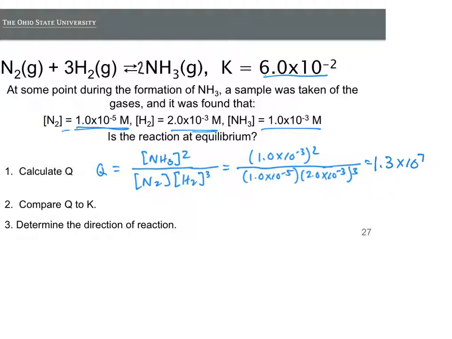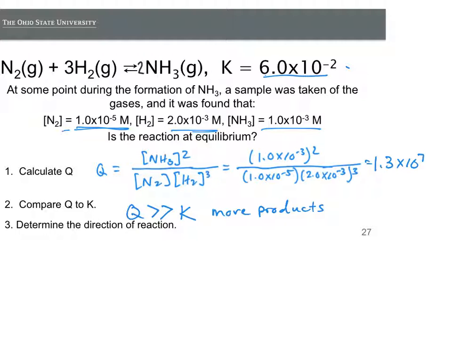Okay. So now our next step is to compare the value that we just calculated for Q to the value that we are given for K. And we can see here that Q is much greater than K. Which means that there are more products in this current state than there would be predicted to be at equilibrium.